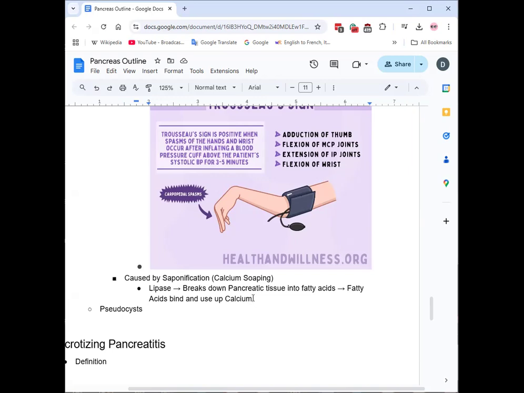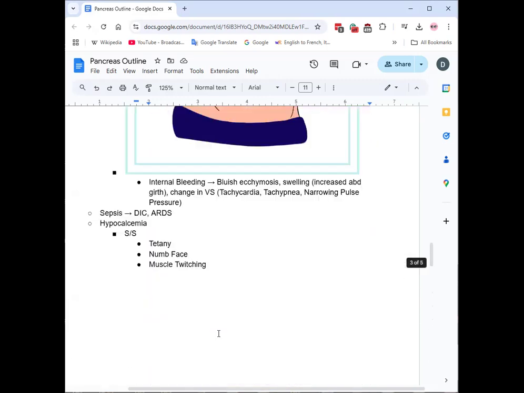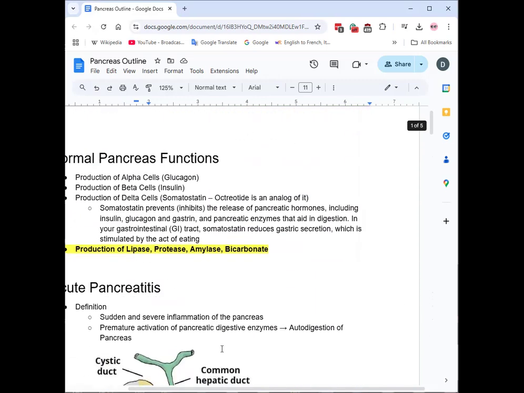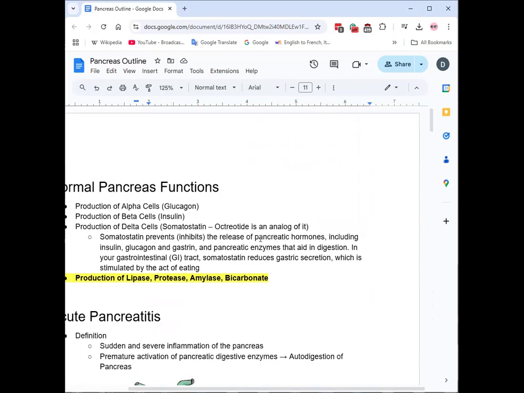Could you specify how the octreotide works? Oh, yes. So it has a few different purposes. The one I mentioned prior was in reference to the liver. Octreotide is a medication that can be given either IM or IV. Actually, I gave it IV in the hospital.